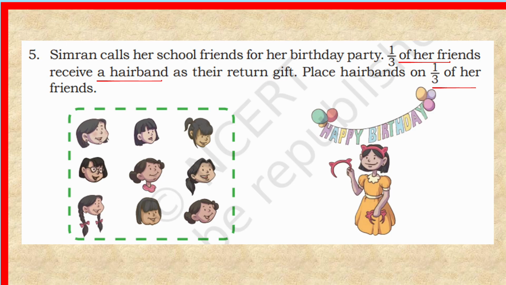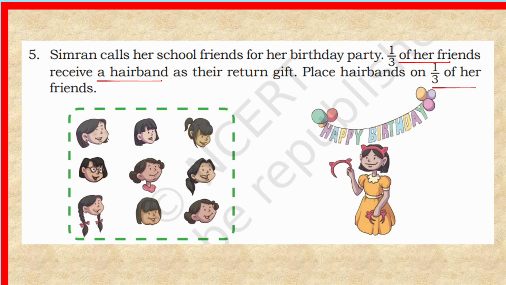After the party, Simran gives return gifts to her friends. If she divides all her friends into 3 equal groups, one group will get hairbands. So we have to place hairbands on 1/3 of her friends.